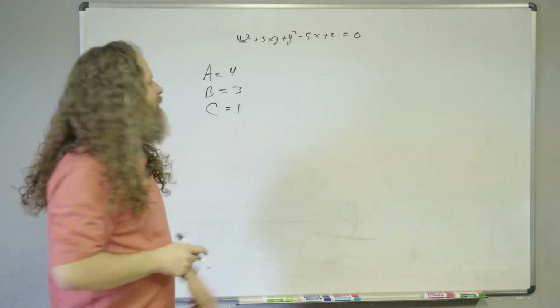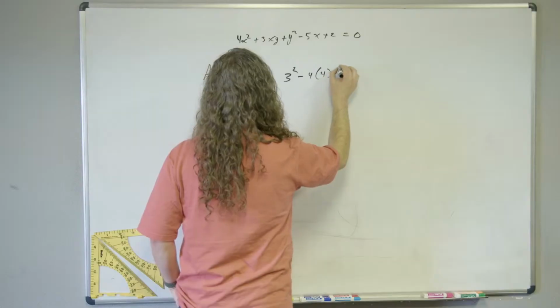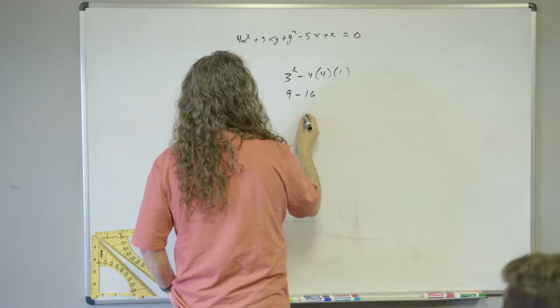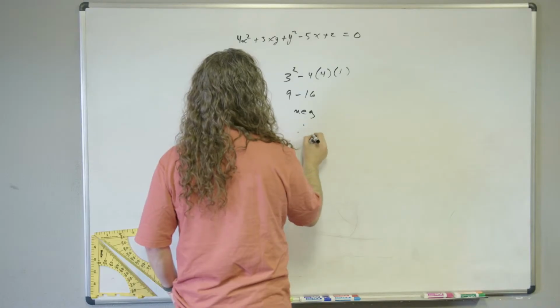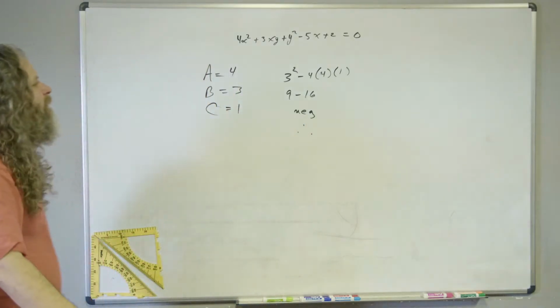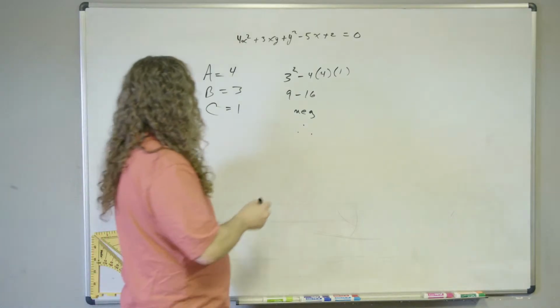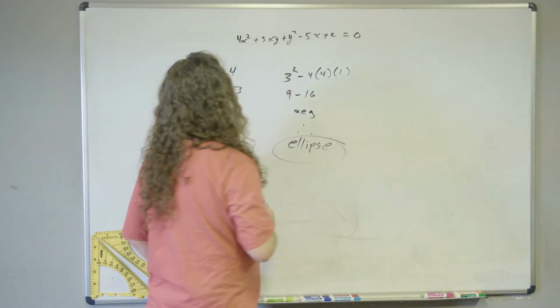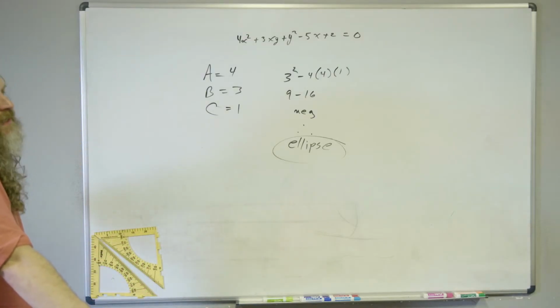And the discriminant: 3 squared minus 4 times 4 times 1. So 9 minus 16 is negative. Therefore, it has to be less than 0, and therefore not a circle. Easy peasy.